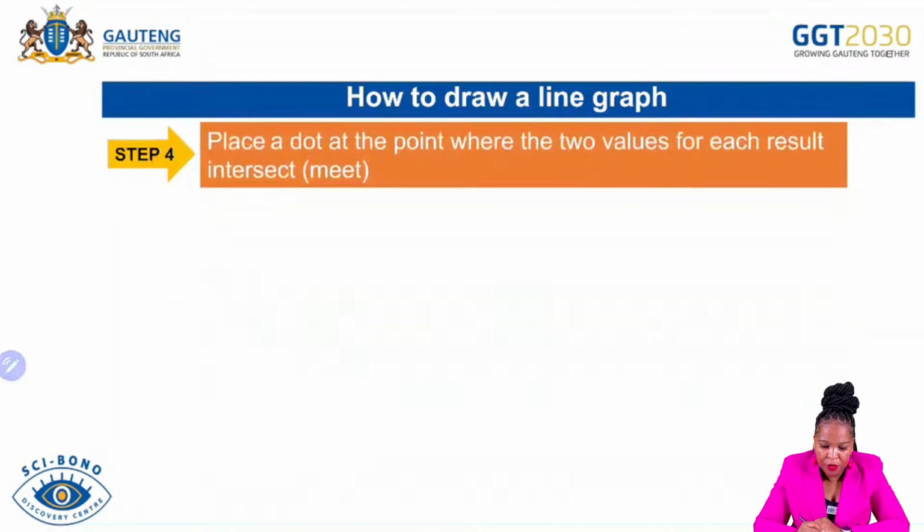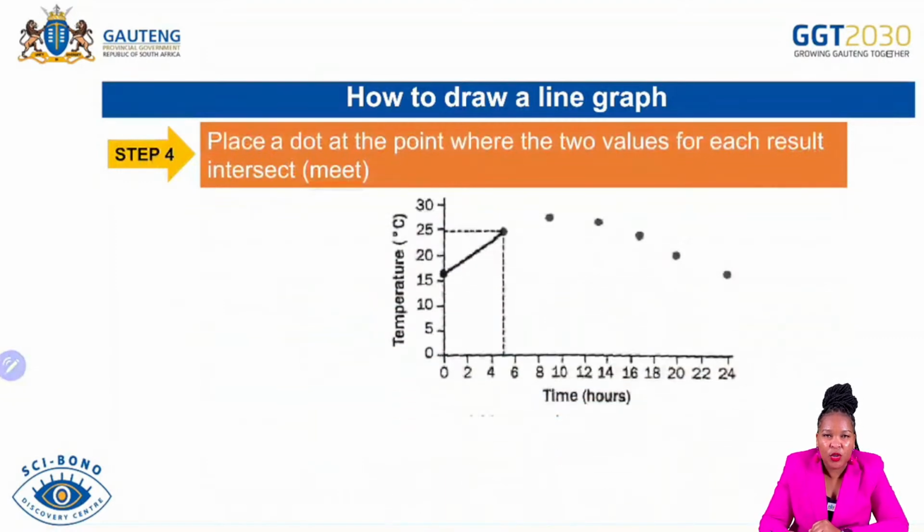And then step number 4, you must place the dot at the point of the two values for each result where they are going to meet. So now this is the plotting part. For the first one, at 5 hours, you had the temperature of 24. Then you're going to put your dot here. So you go to the time in hours.